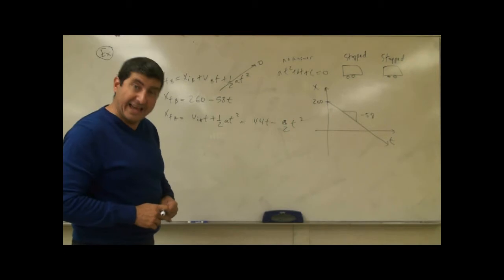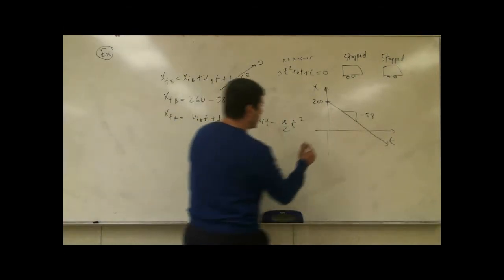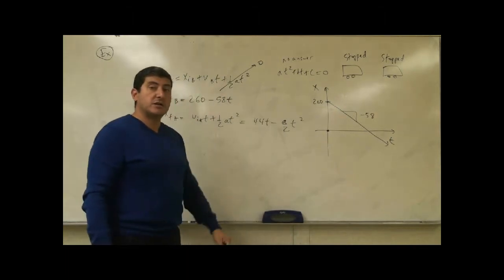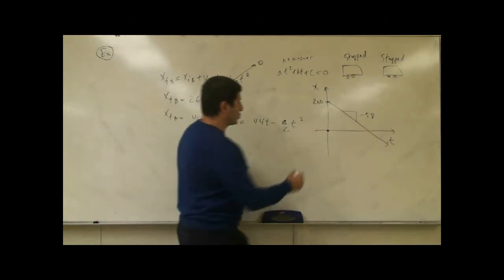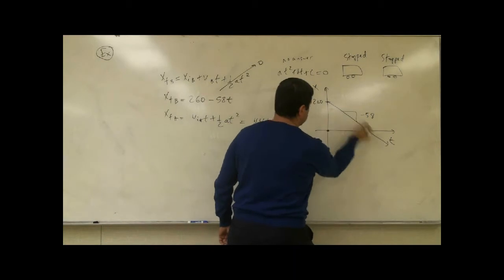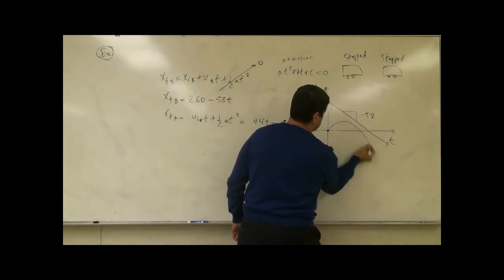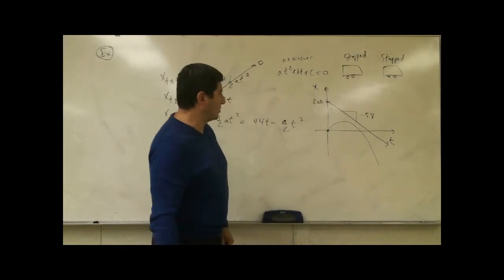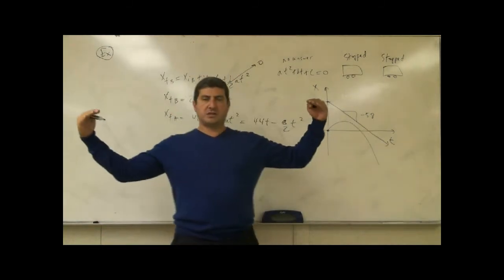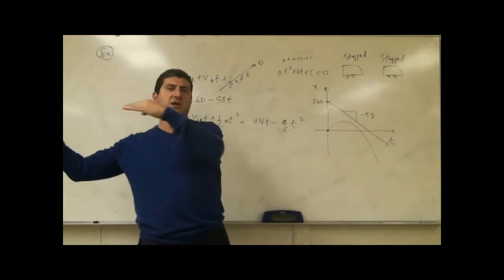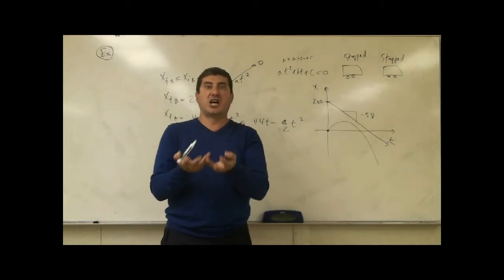Now the equation for train A's position. Train A starts at the origin, but they decelerate because they want to avoid the collision, right? So their equation is something like a parabola. It looks something like this. Now, if it was like that, it would mean it goes like this, and then this one stops and turns around, and they never even touch.